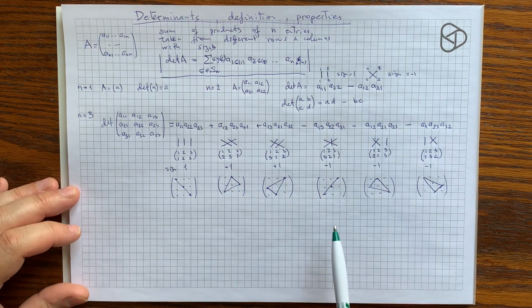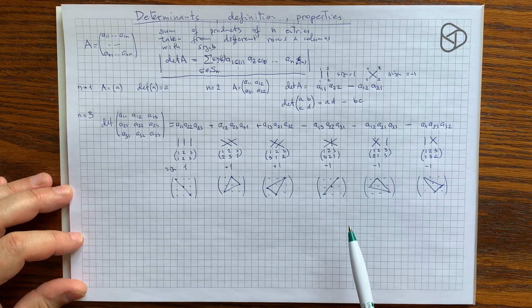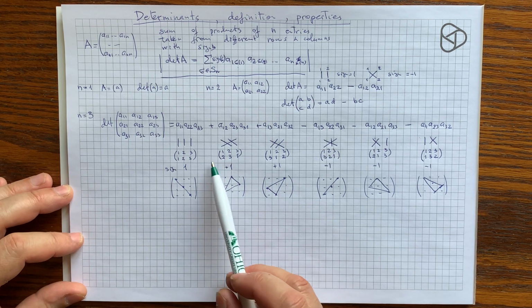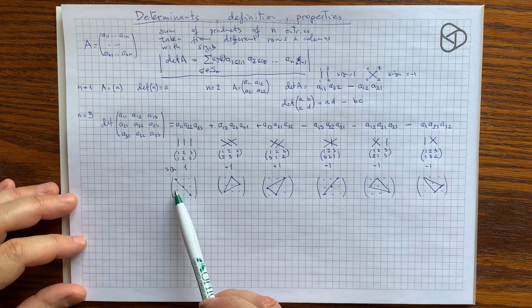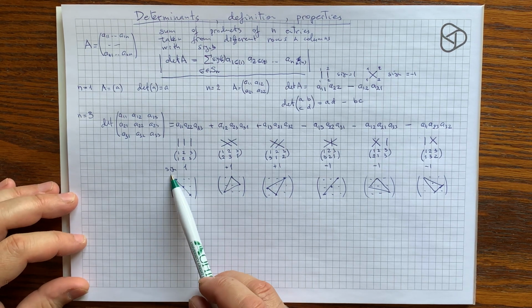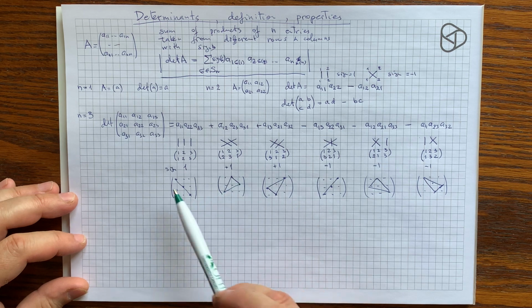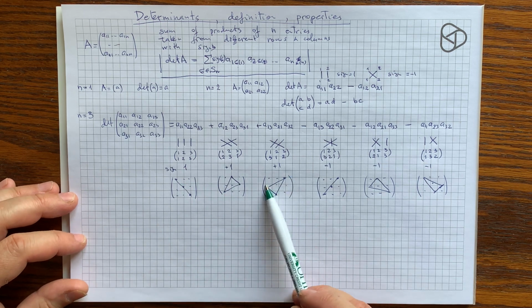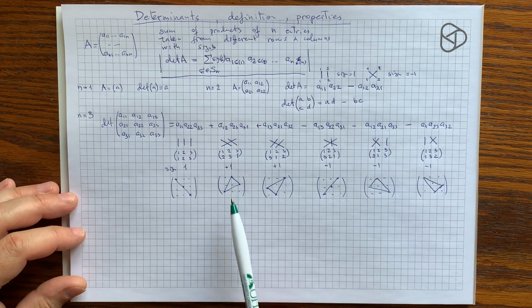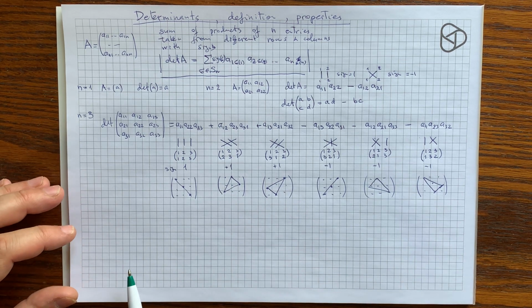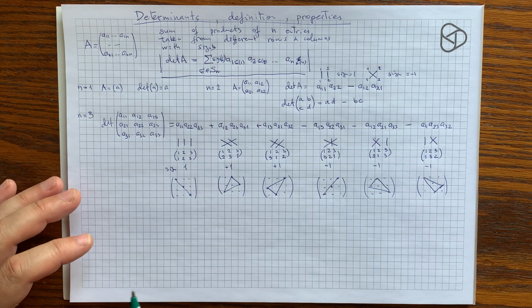That is a good mnemonic rule for remembering which products we take. This is the same as listing the permutations, but easier to remember. We have the diagonal with plus, we have the triangle around the diagonal with plus, we have another triangle symmetric with respect to the diagonal to this one with plus, and for the anti-diagonal we have things with minus.